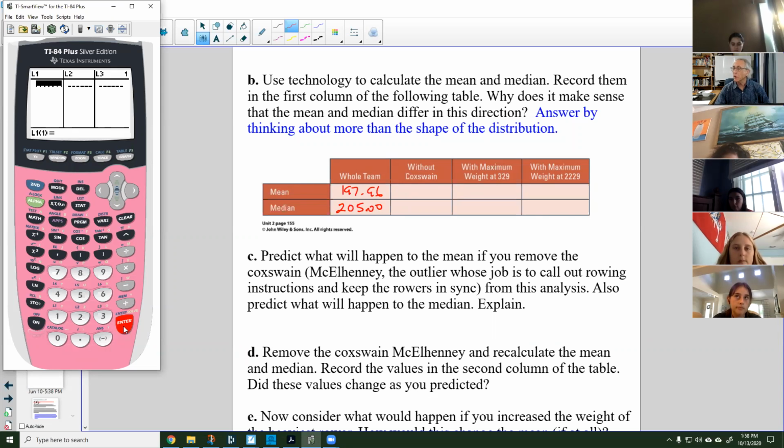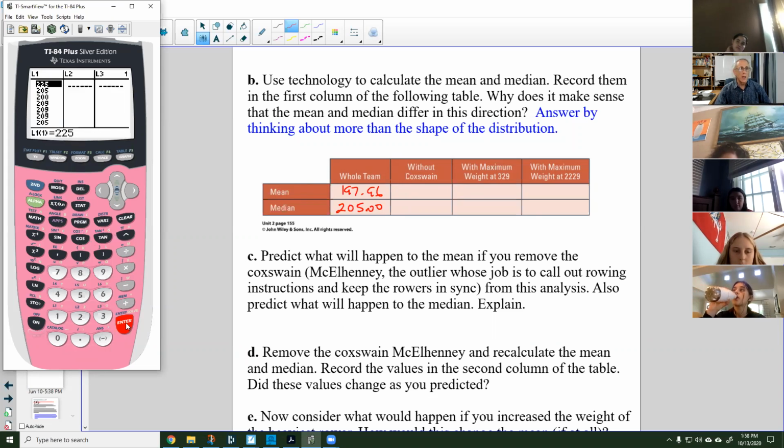I edited it away. So I'm going to go up to L1. I'm going to hit enter, and down here it says L1 equals, what does it equal? Well, I want L1 to equal my rower's weight. So I go to find my rower's weight list right now, and I hit enter, and it says, okay, you want L1 to be the exact same thing as the rower's weight.